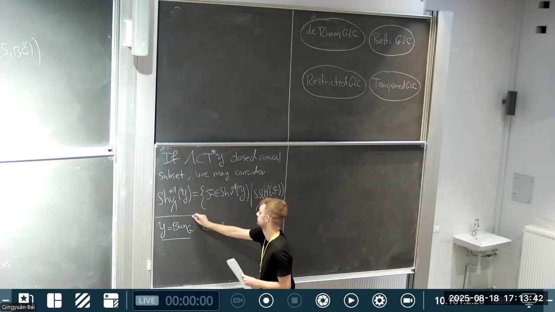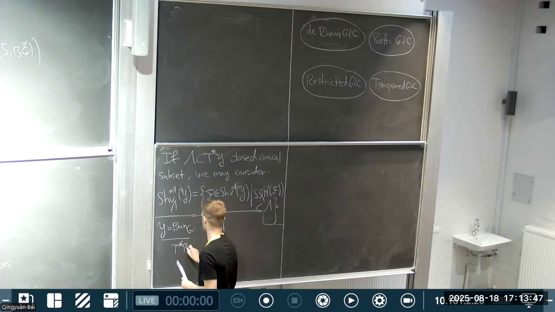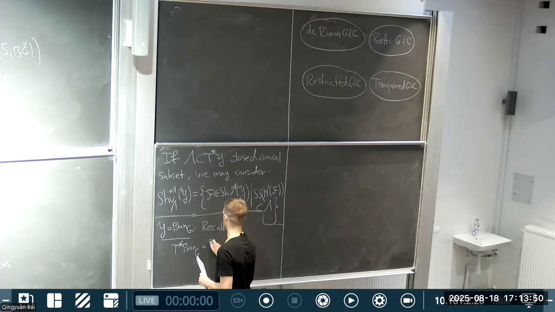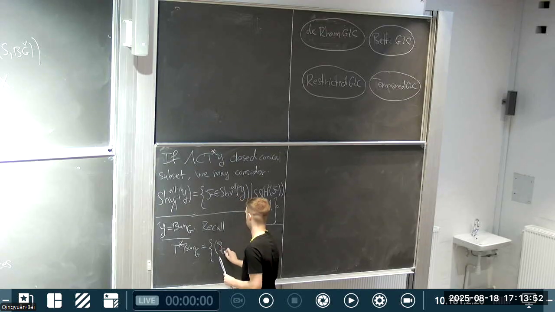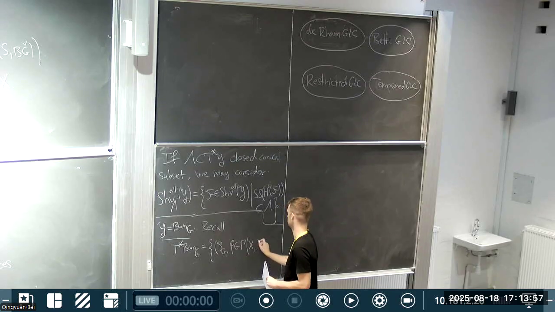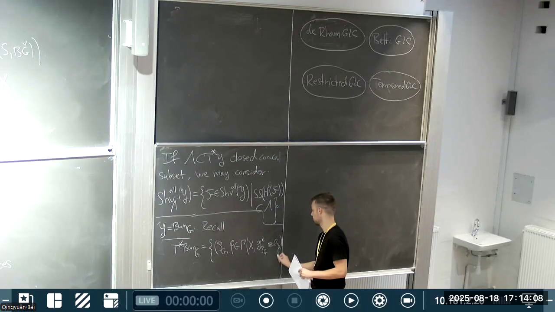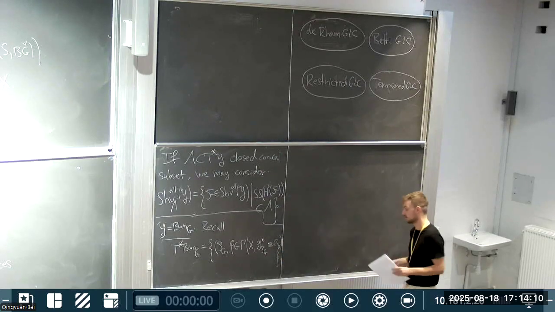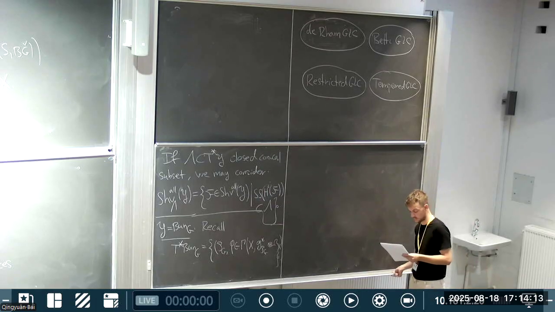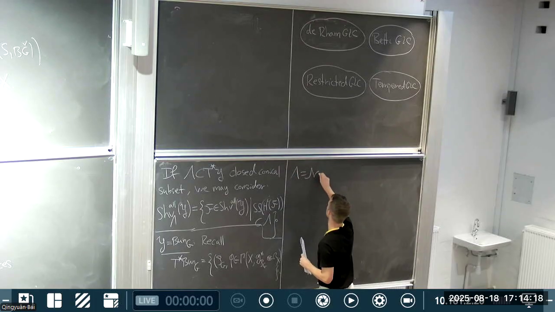Recall that the cotangent space of Bun_G parameterizes pairs of a G-bundle and a Higgs field, which is a global section of an omega-twisted one-form on the adjoint bundle of G. And we take Lambda to be Nilp.